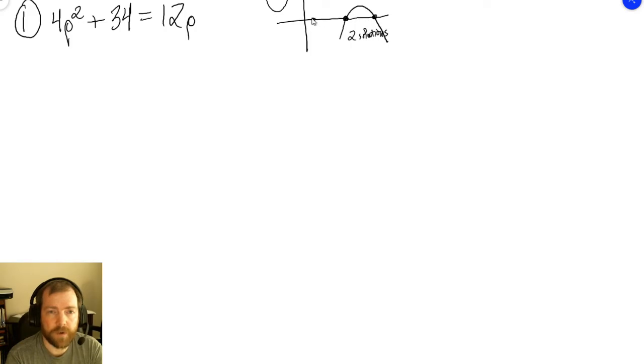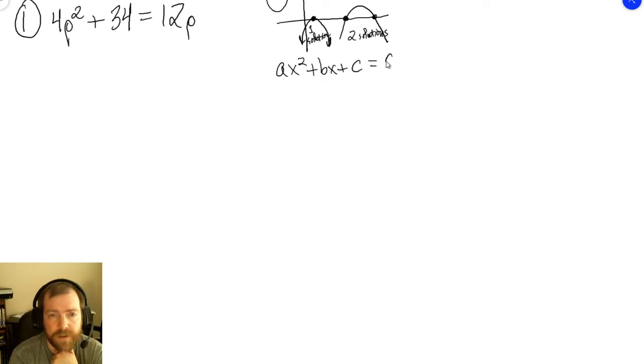And you have your kind with 1 solution. These are, again, what you would get if you have the quadratic equation ax squared plus bx plus c is equal to 0.